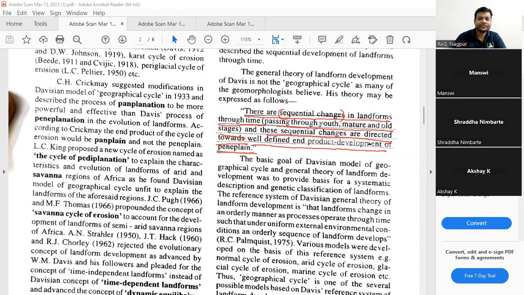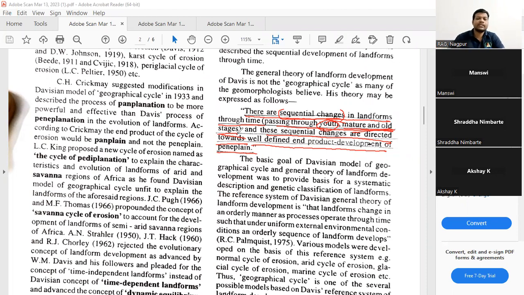Same way, there is a sequential change in the landforms as time passes by. It is the youth stage, the very juvenile stage, then the mature stage, where some maturity has occurred, some forces are reduced and some forces are gained, and the old stage, where forces are completely reduced, completely given up, with just some forces still driving something.